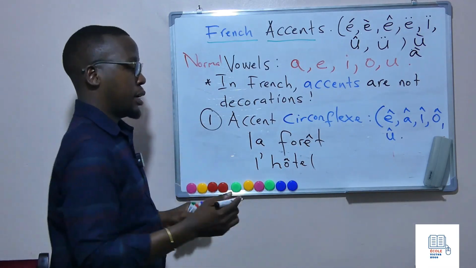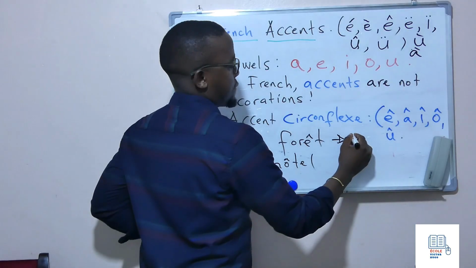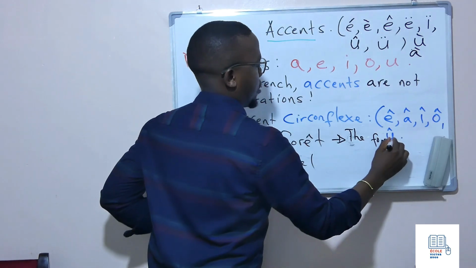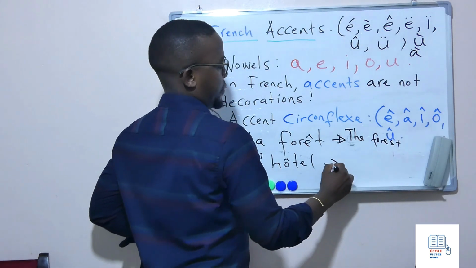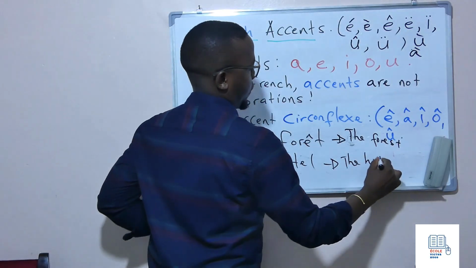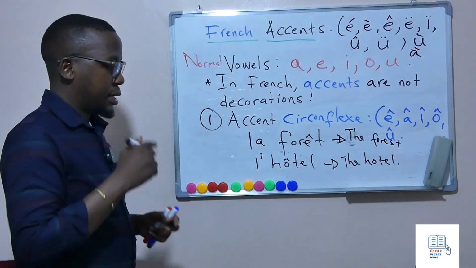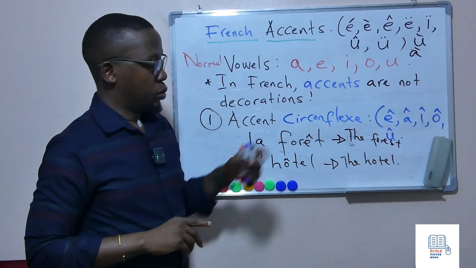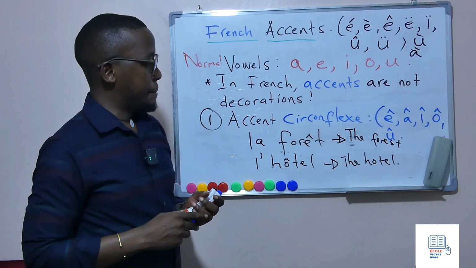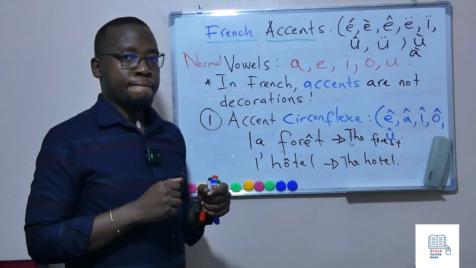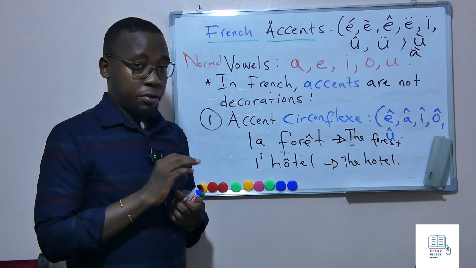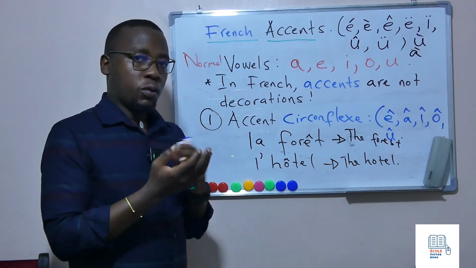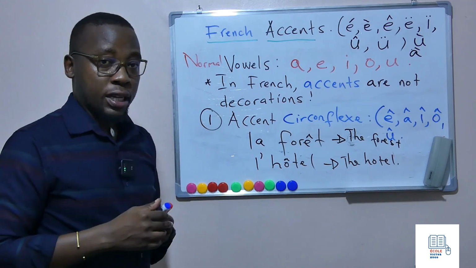La forêt means the forest, and l'hôtel means the hotel. But the differences are very, very tiny, especially for circumflex and the others. But they are important. Those variations are very important to know how to pronounce different words with different accents.